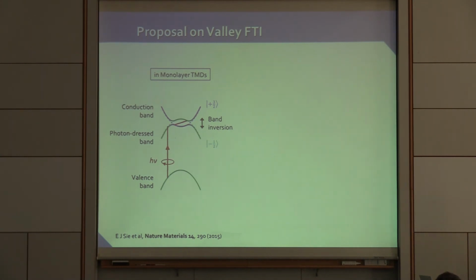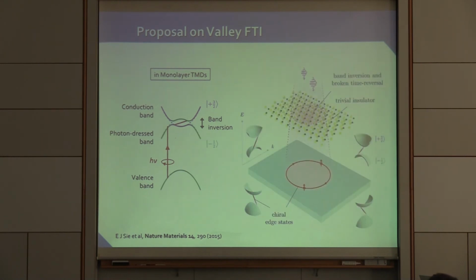There are some details about it, but I'd like to give you more description visually. So what happens is that if we have this material, we shine circularly polarized light with this circular spot, then there exists a one-dimensional boundary that separates a trivial insulator, where it's a normal gap, and a non-trivial topological insulator, where there is this gap in here.